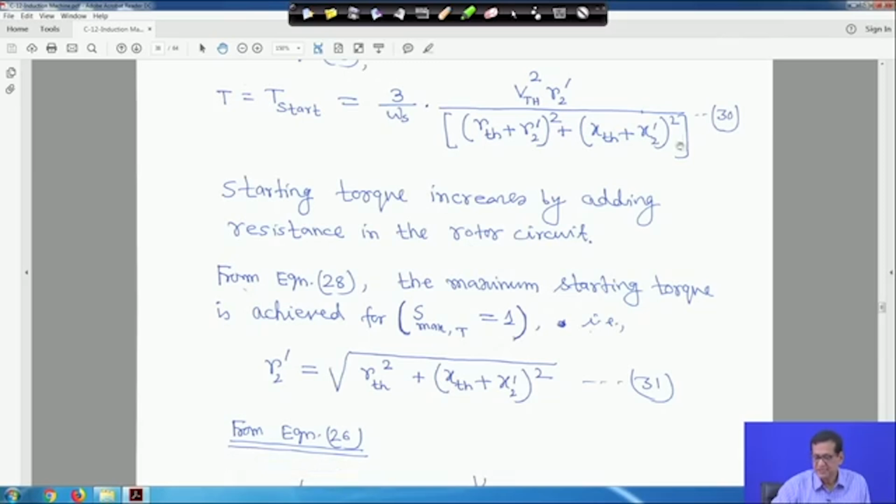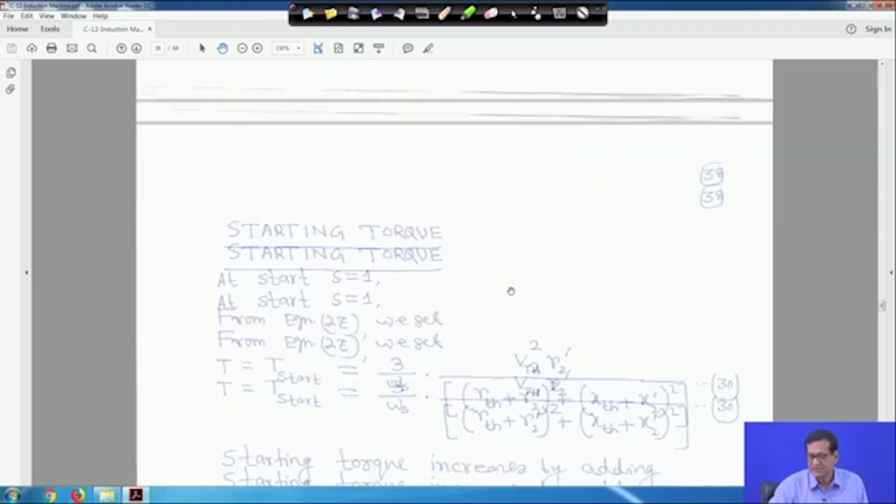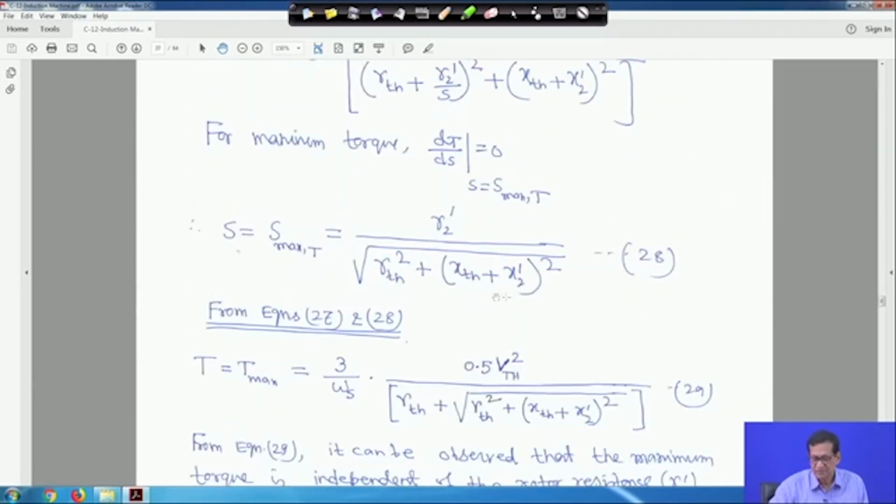From equation 28, the maximum starting torque is achieved for S max T equal to 1, that is R 2 dash will be equal to root over R Thevenin square plus X Thevenin plus X 2 dash square. That is, the maximum starting torque can be achieved if you set S equal to 1, because this is the slip expression for maximum torque we got.